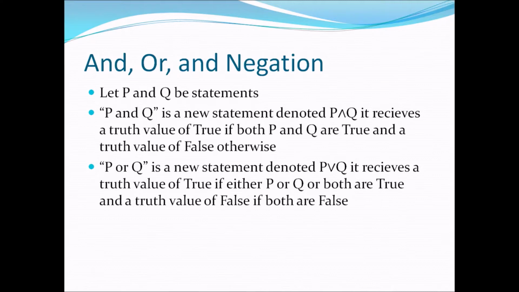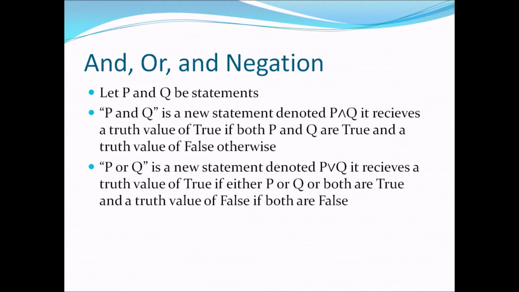Think of it not like you're ordering at a restaurant and they ask, would you like fries or a salad, where you can only choose one. It's more like a buffet where you have fries or a salad, or you can have both fries and a salad. So, or means one or both are true.